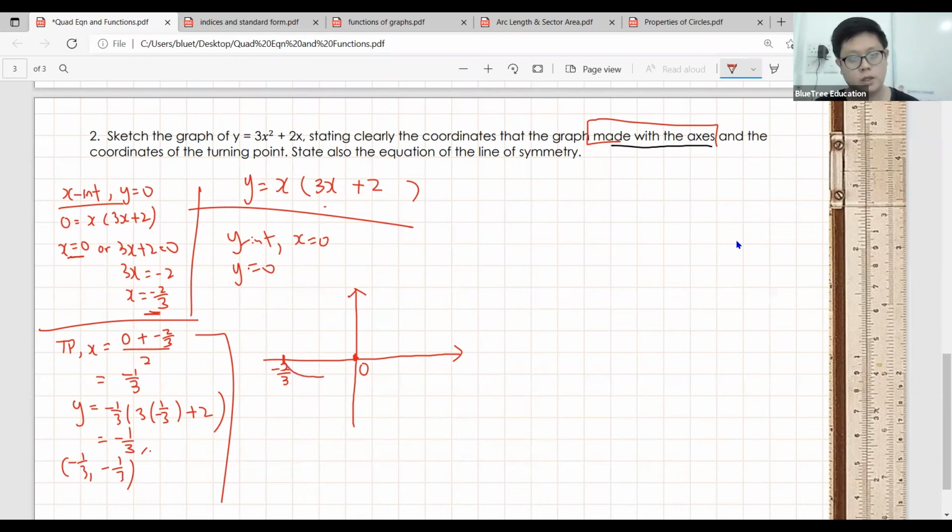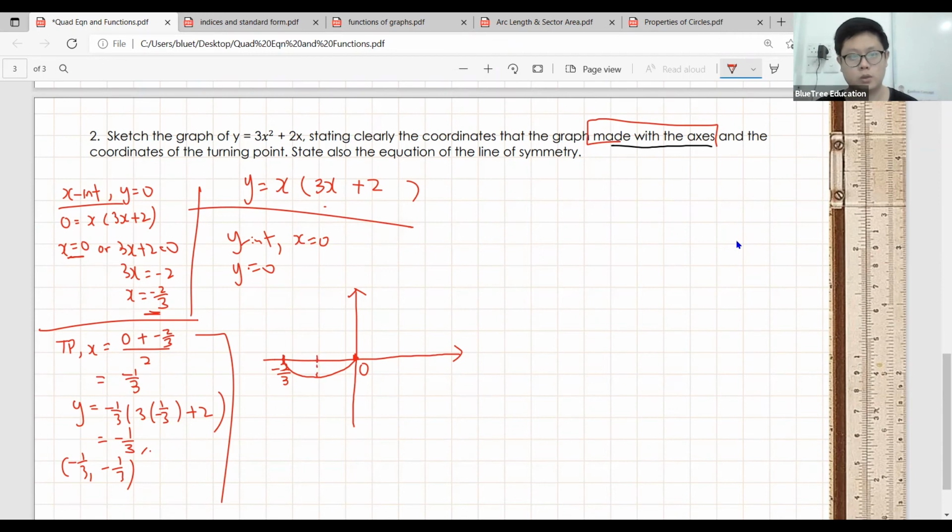You can begin to draw if this is what you prefer. If you find that it's very hard to draw the shape after you label all the points, sometimes it might be a little bit challenging to hit all the points that you label. You can choose to draw the shape out after you know some of the details here. Then after that, you label the turning point.